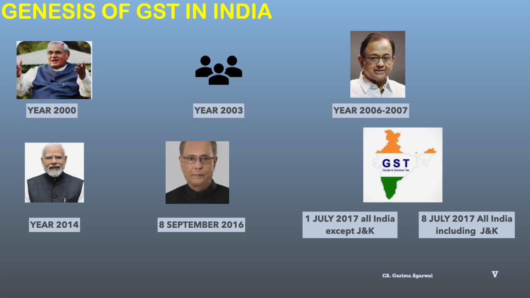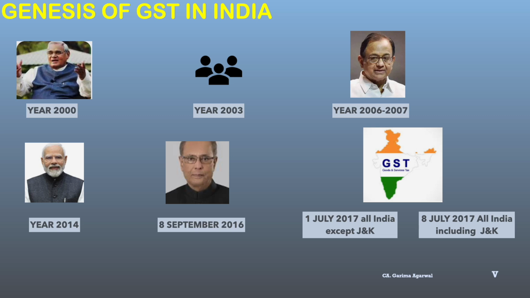So in the year 2014, when the Modi government, or the NDA government, which came in with a huge majority, took charge, the GST gained momentum and the Constitution Amendment Bill for GST was tabled in Parliament on 19 December 2014. The Lok Sabha passed the bill on 6th May 2015 and the Rajya Sabha on 3rd August 2016, one year later.